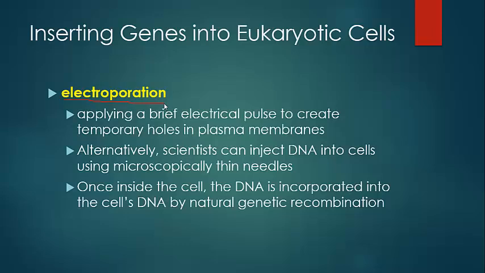We'll see in a minute that this is done to insert genes into egg cells. Once inside the cell, through electroporation or a thin needle, that DNA is going to incorporate itself into the host cell's DNA through natural genetic recombination.